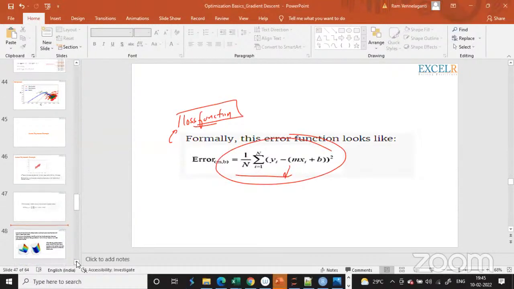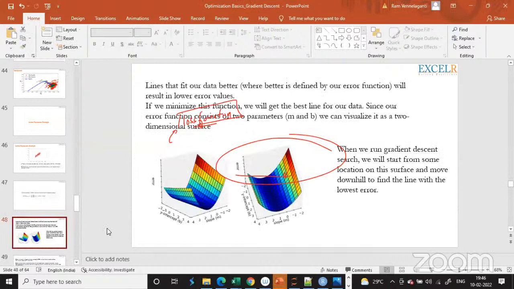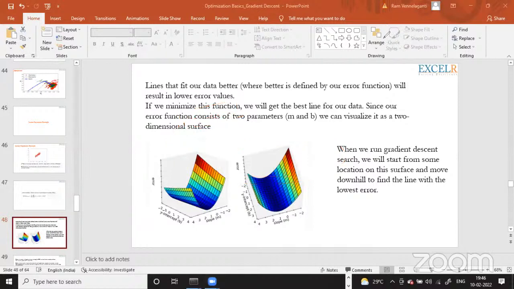Now after that, I am going to run my gradient descent algorithm. So we will have to start from somewhere, some location on the top, and we will have to reach the bottom.